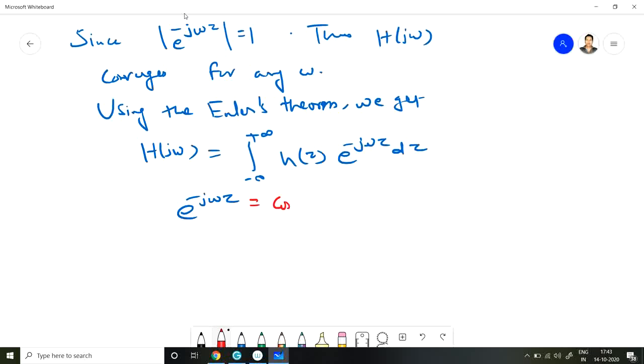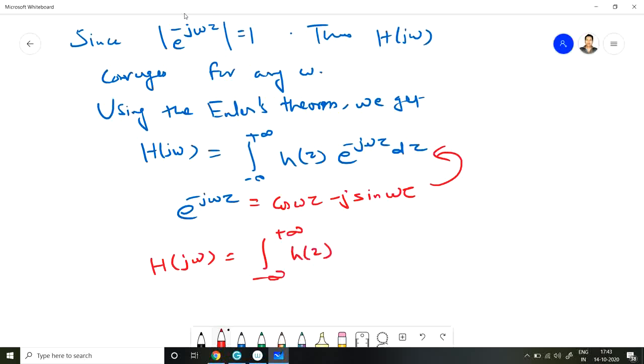It is equal to cos omega tau minus j sin omega tau. Using this relation, H(j omega) equals the integral of h(tau) cos omega tau d tau minus j times the integral of h(tau) sin omega tau d tau. So this is our relation. Basically we have separated that integral.